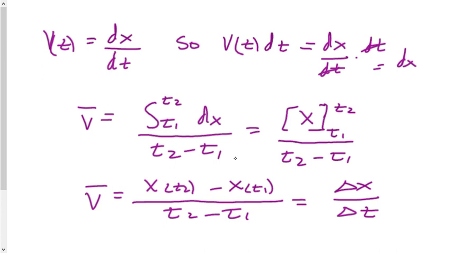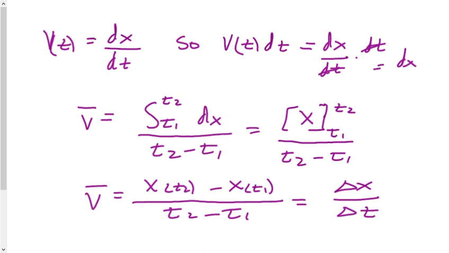So what are we left with? When you plug in the definite integral from t1 to t2, v average then is x of t2 minus x of t1 divided by t2 minus t1. And that equals essentially delta x over delta t. And that's an equation you're familiar with from AP Physics 1.